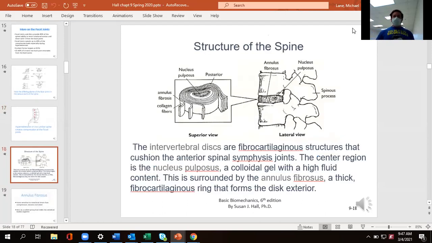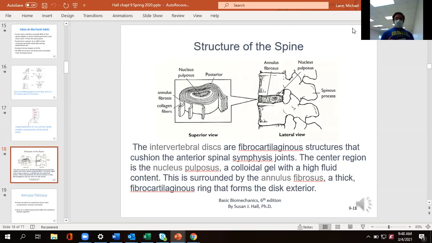So inside of our wonderful lumbar spine, we have our intervertebral discs, okay? These are surrounded on the outside layers by what's known as the annulus fibrosus. This is just a whole lot of cartilage rings. Now in the center, we have what's known as the nucleus pulposus.